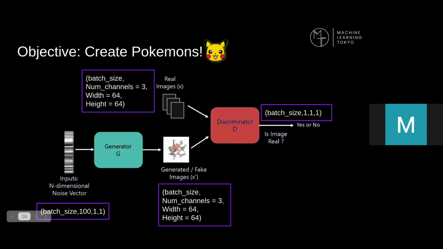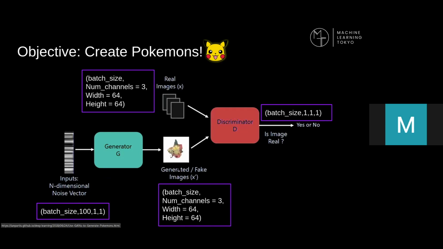Now, as I mentioned earlier, this is the entire architecture, and I have also added helping sheets for each and every one of the stages inside this architecture. As you can see, the input is going to be the batch size, and in this case I am using a 100-dimensional noise vector, and I want the number of channels to be 3 because we are using RGB.